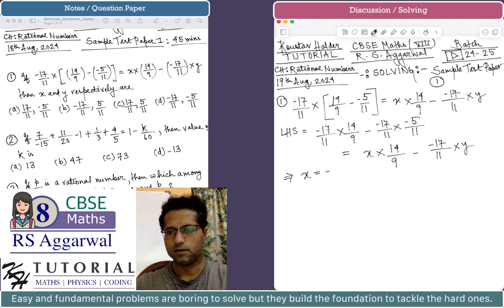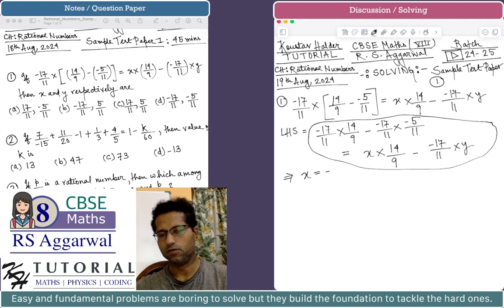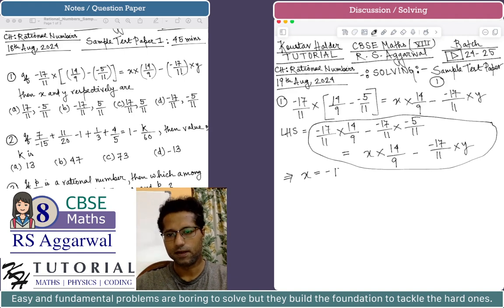That is, if you compare the first term on both sides, the rational number from which another rational number is being subtracted, I can clearly say that x has to be equal to minus 17 by 9. From observation, you can clearly say that.